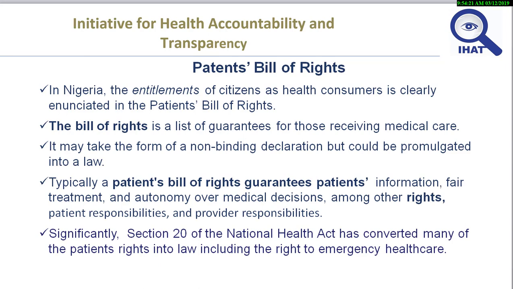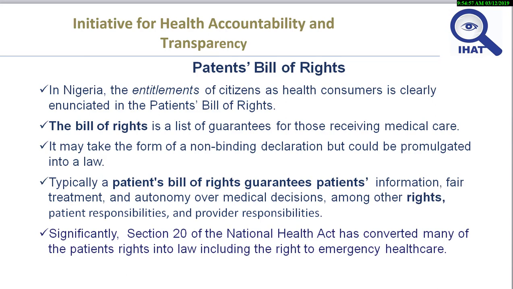In Nigeria, the entitlements of citizens as health consumers is clearly enunciated in the Patient's Bill of Rights. The Bill of Rights is a list of guarantees for those receiving Medicare. It may take the form of a non-binding declaration, but could also be promulgated into law.